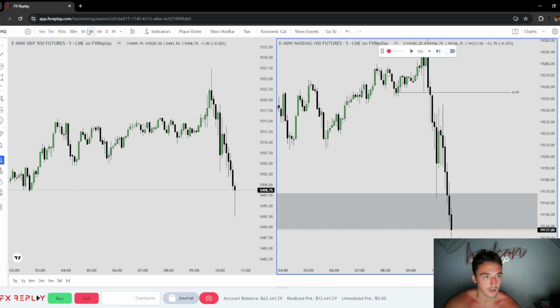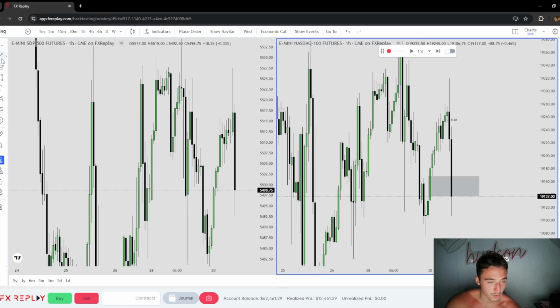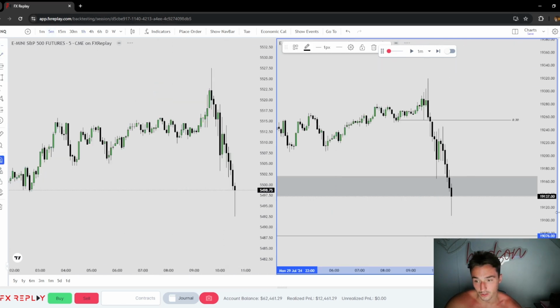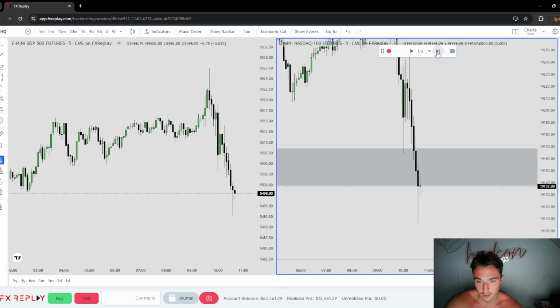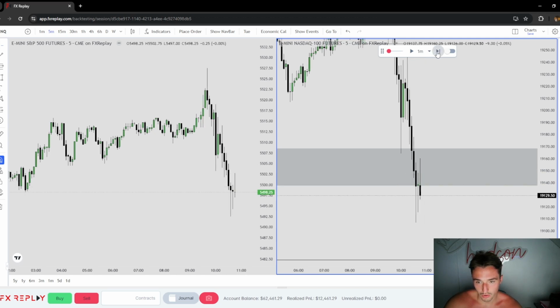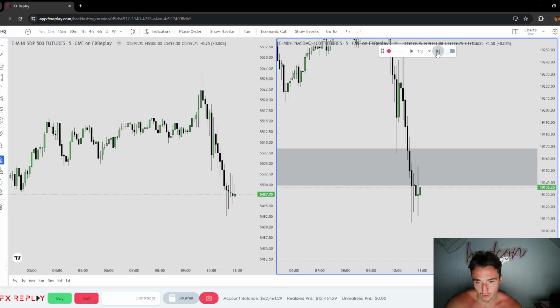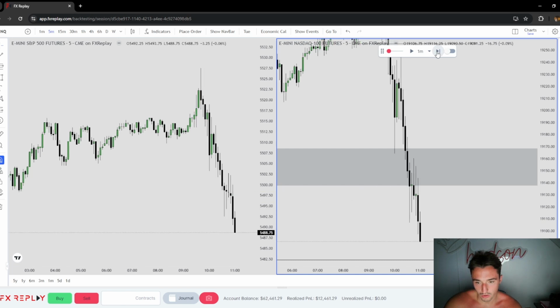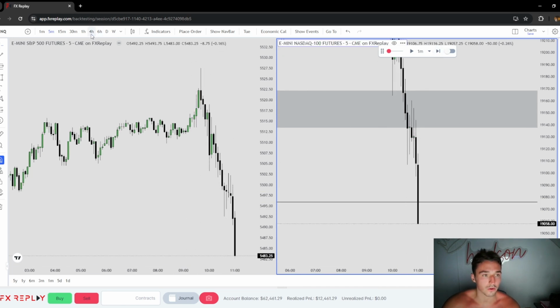Okay, so see, it does look like we might want to continue lower, or ES just needed to trade into it. That could also happen. No, NQ actually did want to go lower.